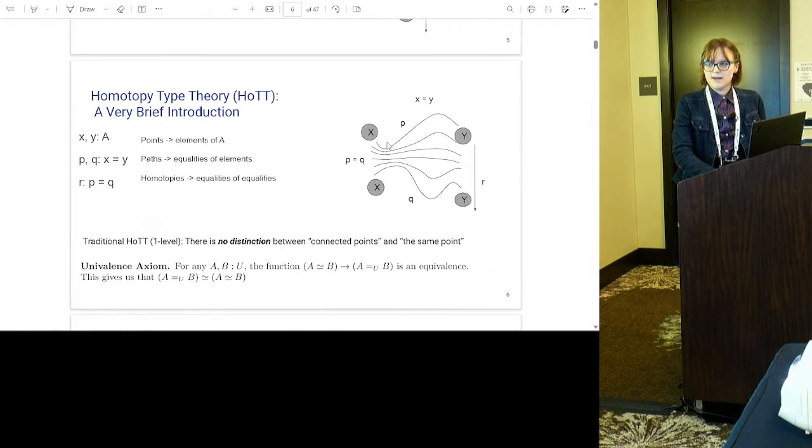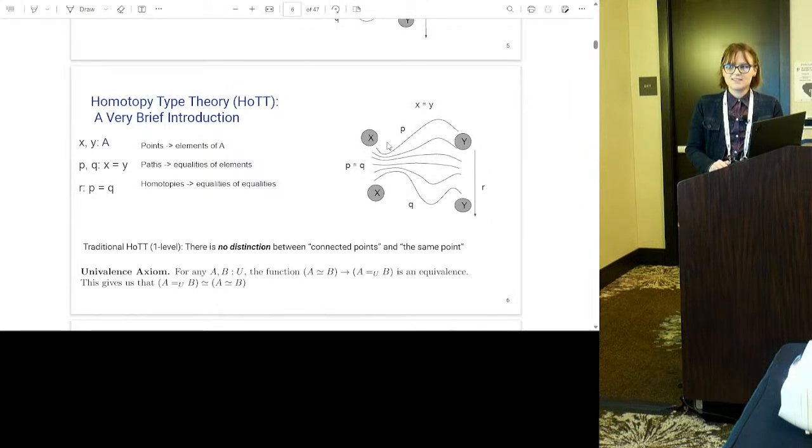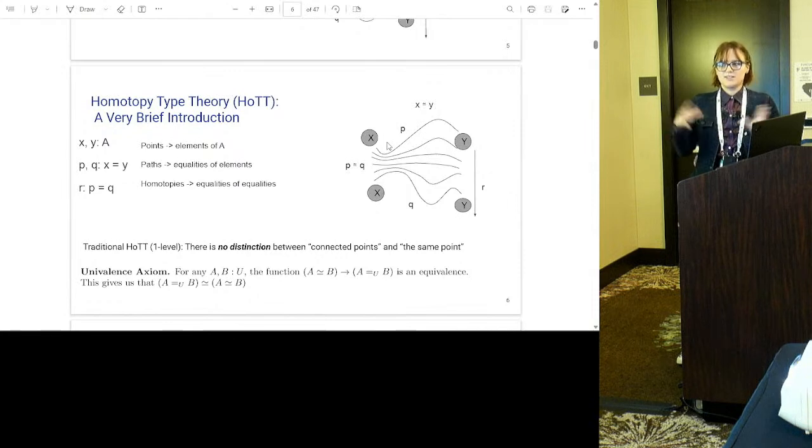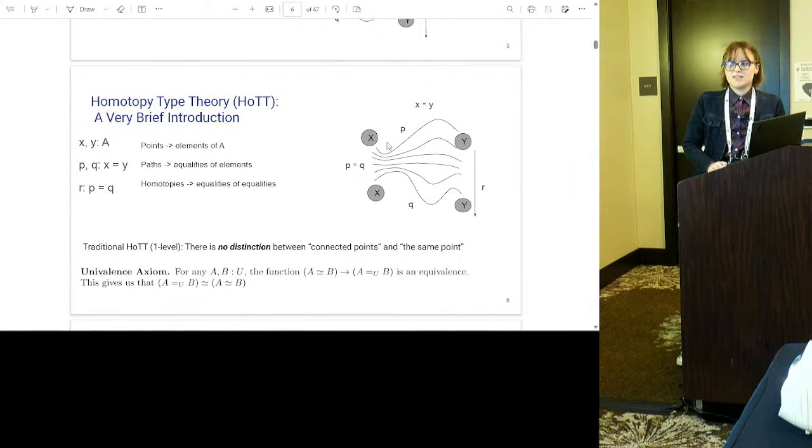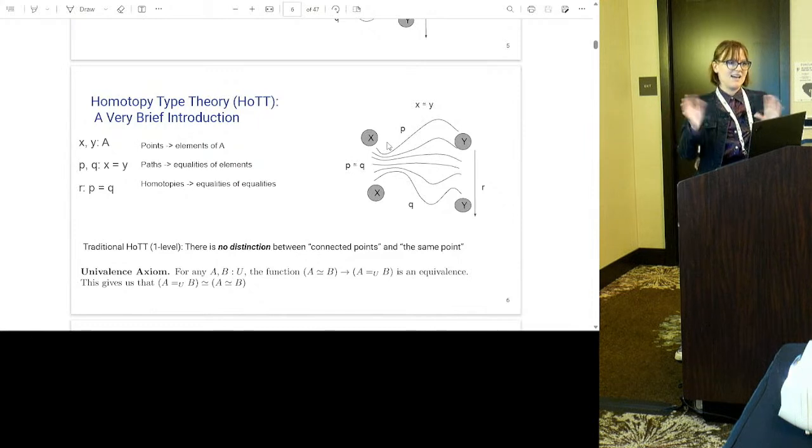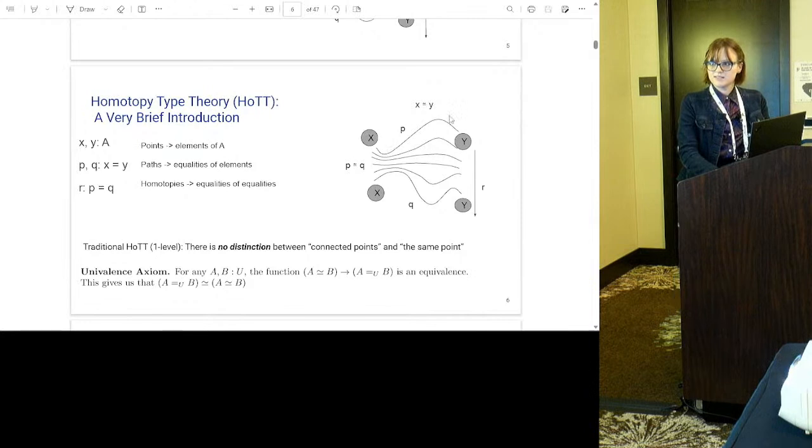That stems from the univalence axiom, which is also on the slide, which basically says that when we have a function showing A is isomorphic to B, that implies that A is equal to B in that type. That's actually an equivalence, and that means that A equals B is the same thing as A is isomorphic to B. You're fuzzing that line between isomorphic equivalence and equality, which is what we're interested in here.